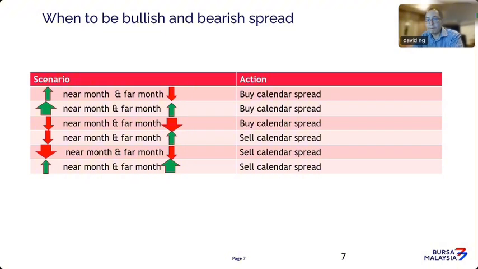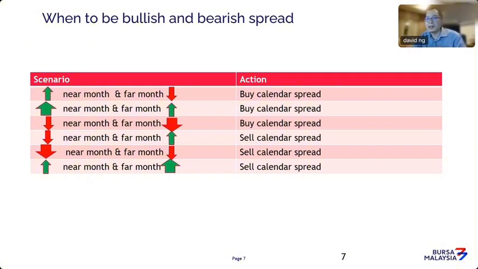Now, in a downtrend scenario in the market, it's all about relative value. When most of the contracts are falling, we really want to know the quantum, especially for the near month relative to the far months. If the near months are falling much faster, it's telling you the market is very bearish currently. So you can see the spread will probably narrow quite substantially, or in fact even go into negative territory.